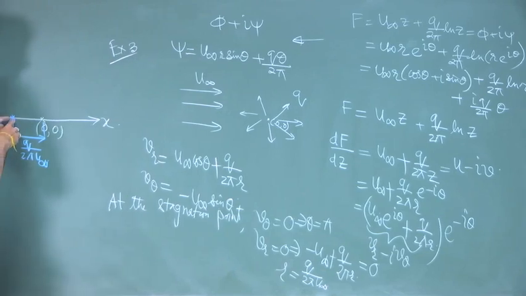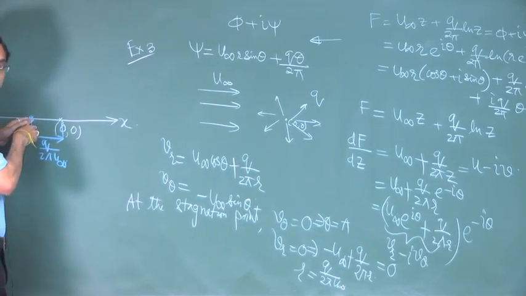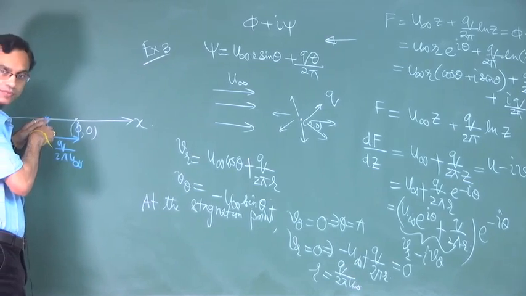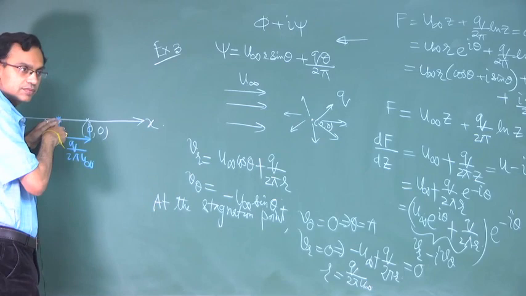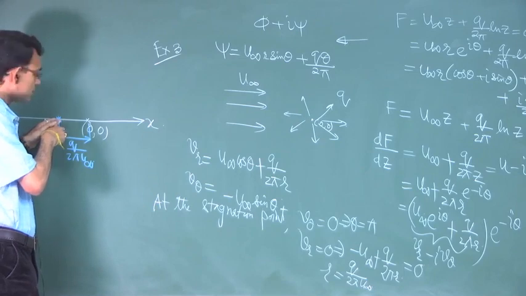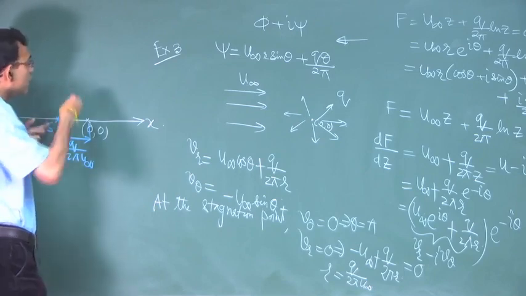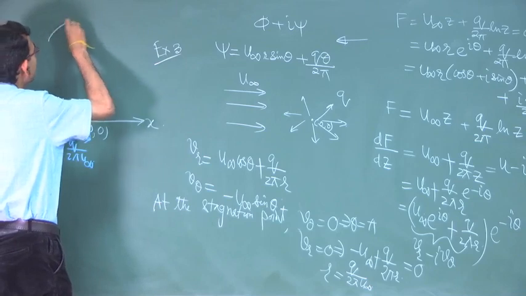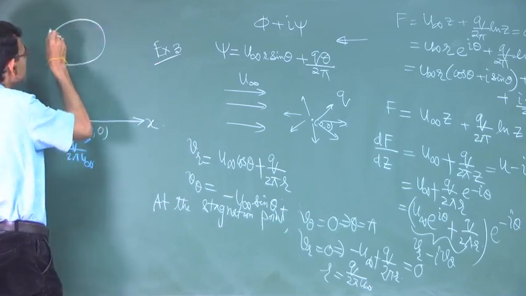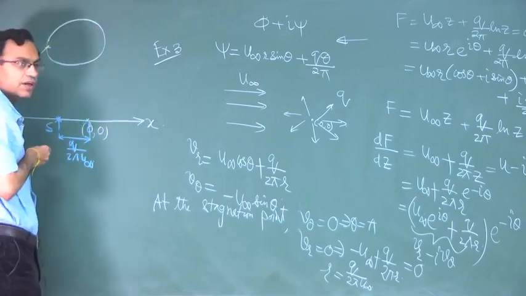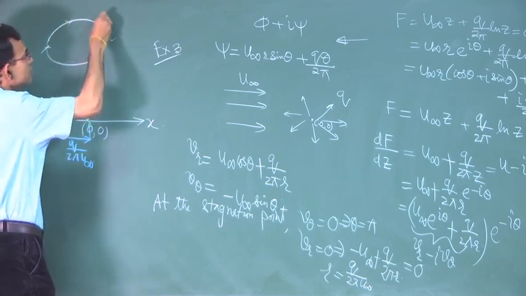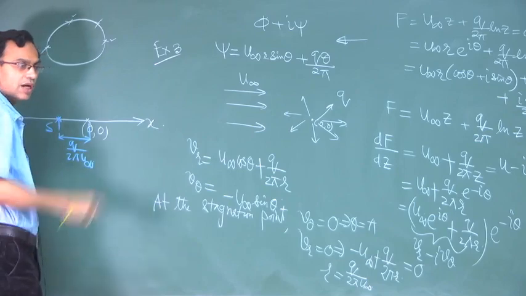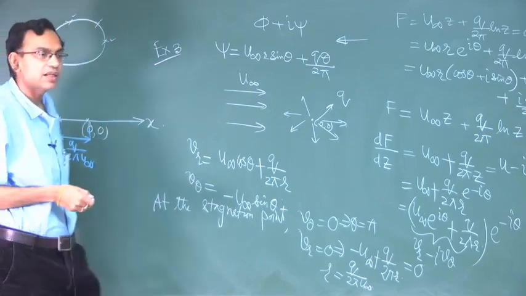That shape will be governed by the streamline which passes through the stagnation point, because the stagnation point is also located on the body. Okay. You may argue that if you have a body like this, just as an example, if this is the stagnation point, why other points are not stagnation points? Why all the points on the body are not stagnation points?